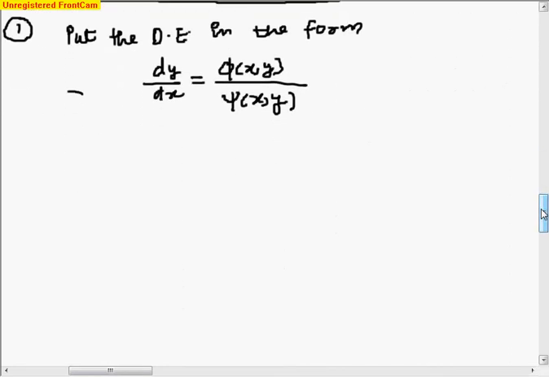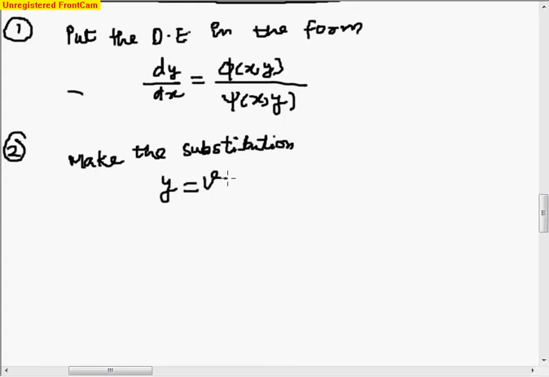Second step is to make the substitution y is equal to vx. Now v is the new dependent variable instead of y. Then dy by dx is equal to v times the differentiation of x with respect to x, which is 1, plus x times the differentiation of v with respect to x, which is dv by dx.